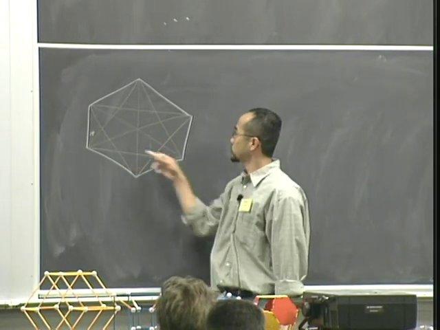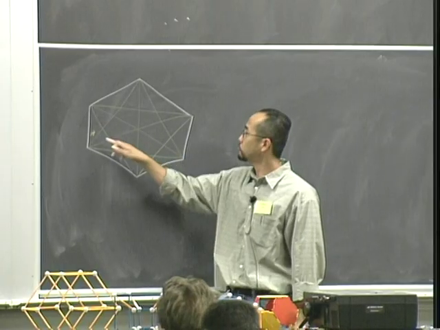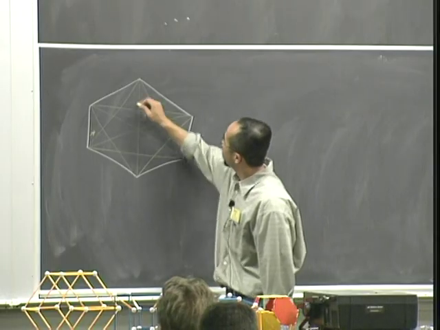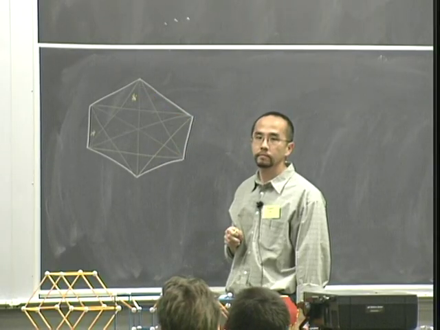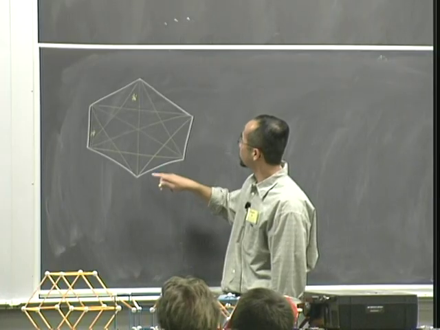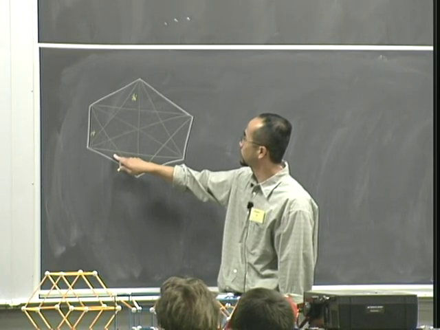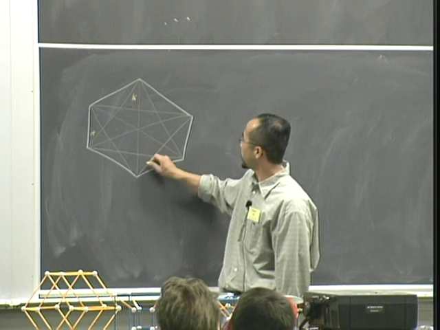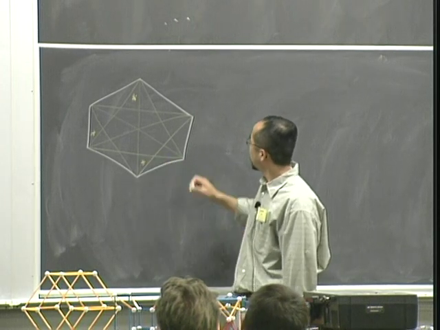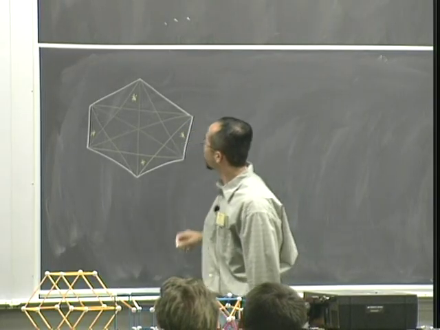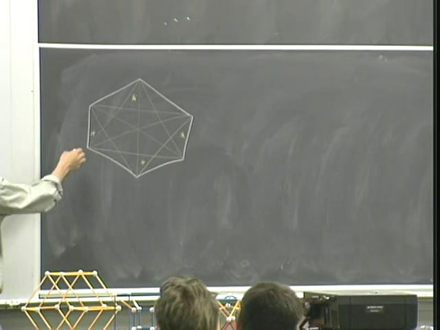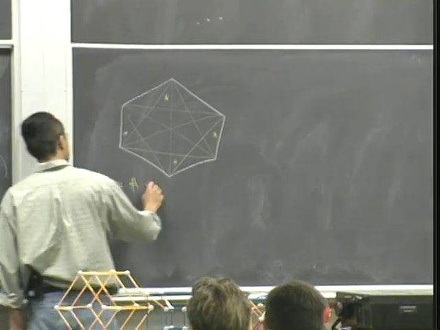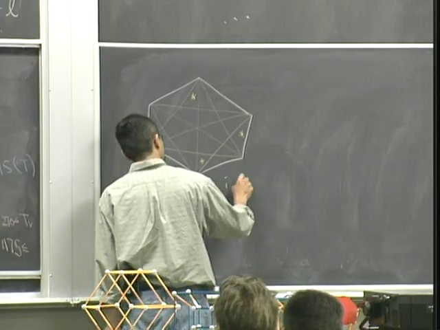No, because this simplex would then contain two pebbles, right? So I have to avoid any simplex that contains this pebble. What about this one? Now I'm restricted here. Can I place one here? Here? Here? Yeah, I could if I wanted. And in fact, I can place another one. And you'll see that 4 is as many as you can do. Maximum number of pebbles is 4.